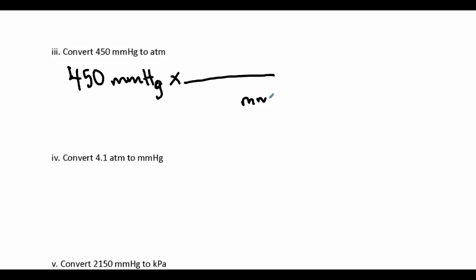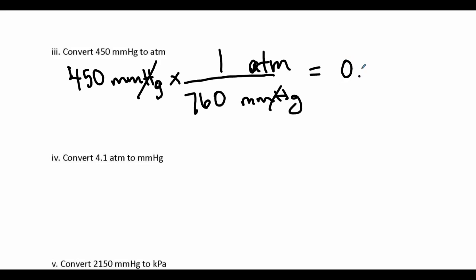So millimeters of mercury down here, atmospheres up here. And if we look back at our equivalencies, 1 atmosphere is 760 millimeters of mercury. So I'm going to divide by 760 to get 0.59 atmospheres.